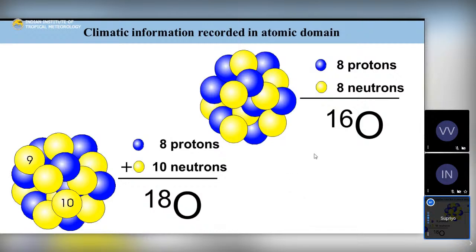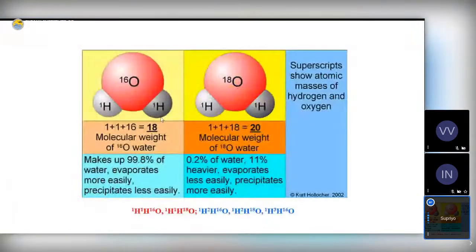And because of this mass difference, some physical characteristics differ. For example, this figure shows a water molecule which consists of the minor isotope, that is 1H, another 1H and 16O. But this molecule consists of 1H, 1H and 18O. So mass in this case is 20, which is slightly higher than 18.